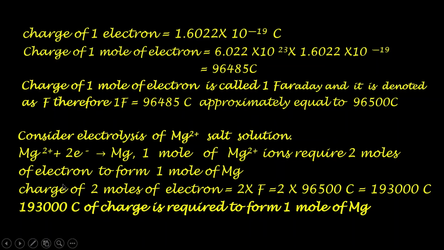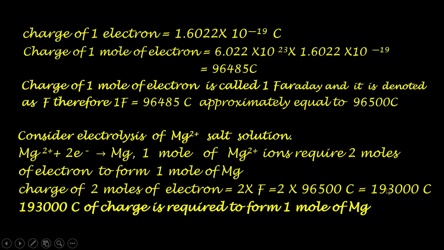The charge of 2 moles of electrons is obtained by multiplying the charge of 1 mole of electrons with 2. The charge of 1 mole of electrons is nothing but 1 Faraday, which is 96,500 coulombs. If you multiply 96,500 coulombs with 2, you will get the charge of 2 moles of electrons in terms of coulomb.